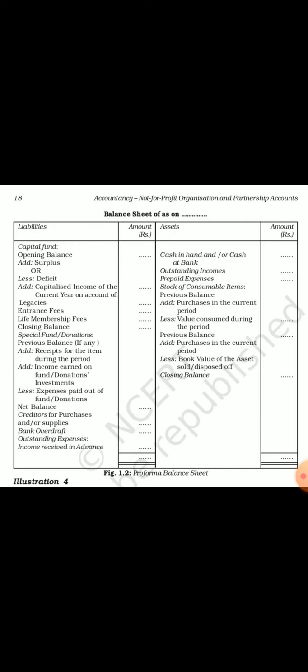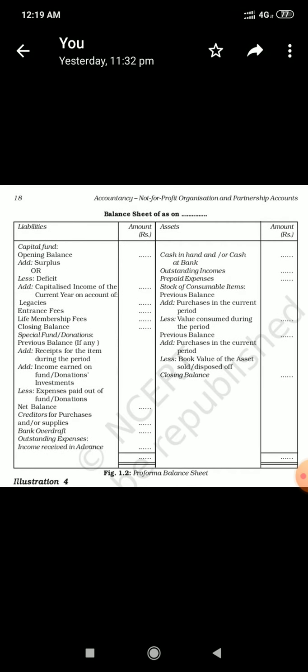On the asset side, start with cash in hand and or cash at bank. Actually, when we make the opening balance sheet, we show the opening balance of the receipts and payment account as cash in the opening balance sheet, and the closing balance of the receipts and payment account as cash in the closing balance sheet.